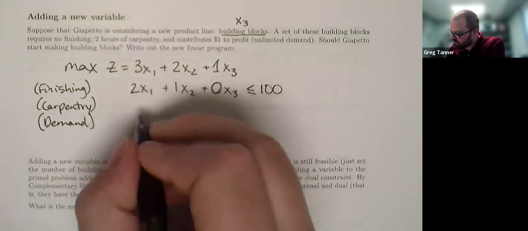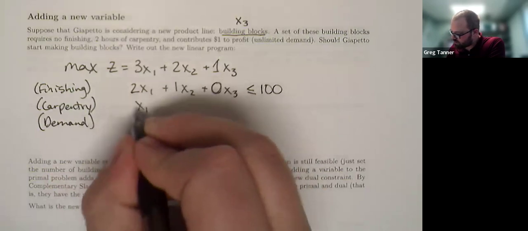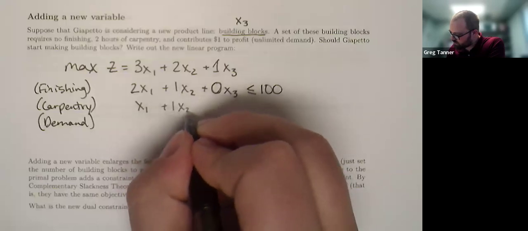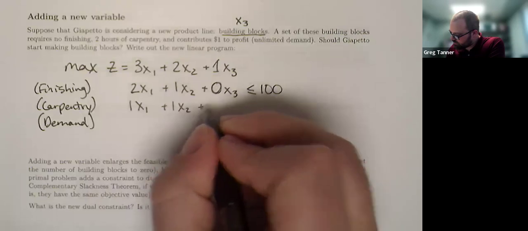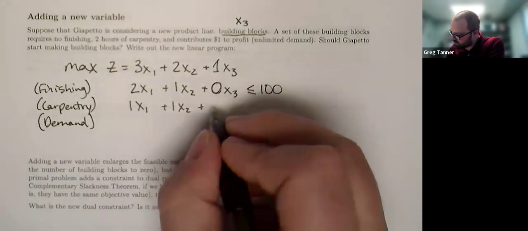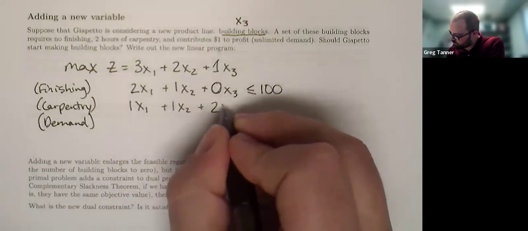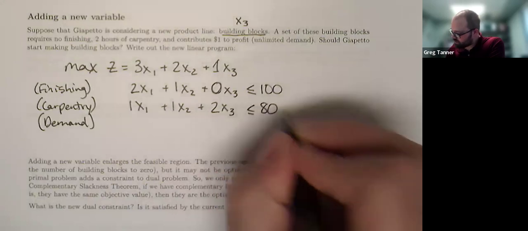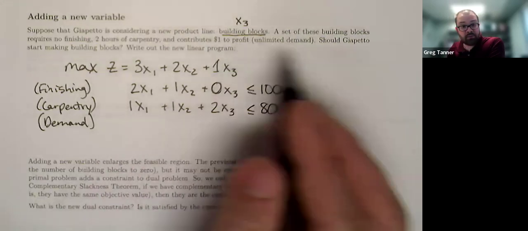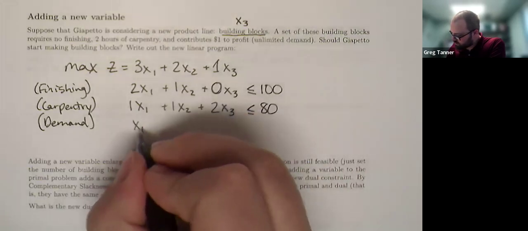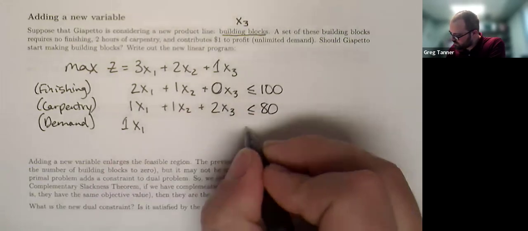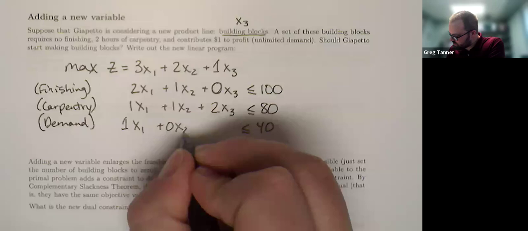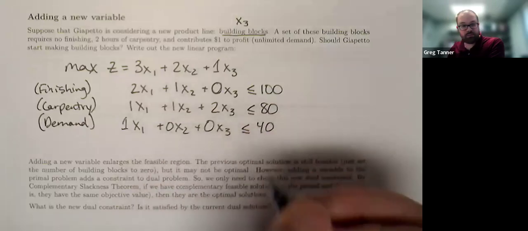Our carpentry constraint was that x1 took 1 hour of carpentry, trains took 1 hour of carpentry, and now our new building blocks take 2 hours of carpentry. And that has to be less than or equal to 80. And then our demand constraint, we've got unlimited demand for these, and so that constraint stays as 1x1 is less than or equal to 40. You can think of there being a 0x2 and a 0x3 showing up in that constraint row.